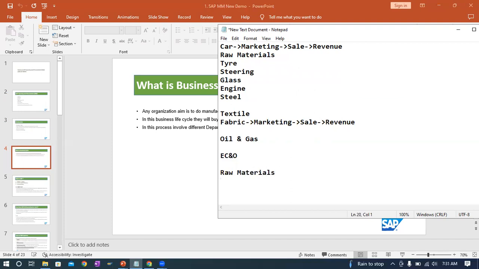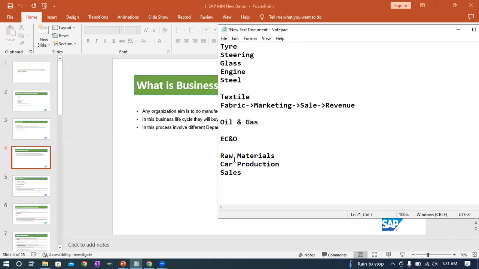And who will produce the car? We have car production. Then we have sales activity. One person cannot handle this whole life cycle in the company, so it is handled by separate departments.